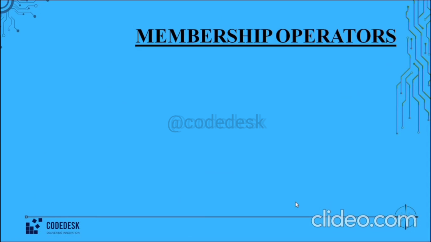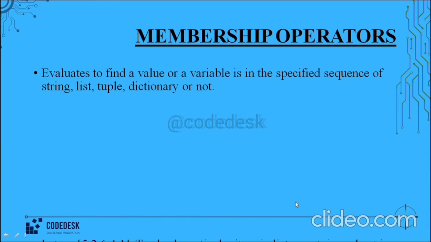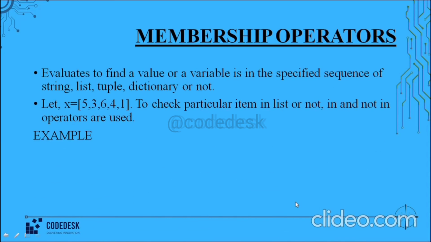Next operation is membership operator. In membership operator, there are 2 types of operator: in, not in. It is generally used for list, tuple, dictionary data types. Consider I had given one list. The list will be identified by means of square bracket.